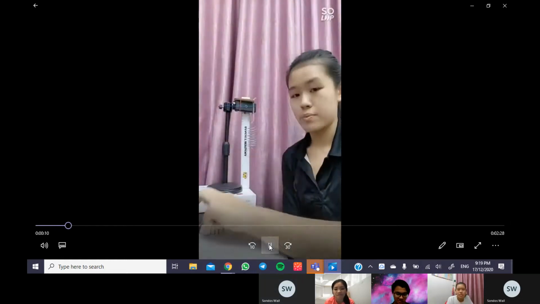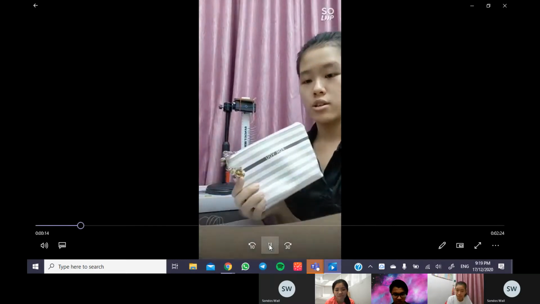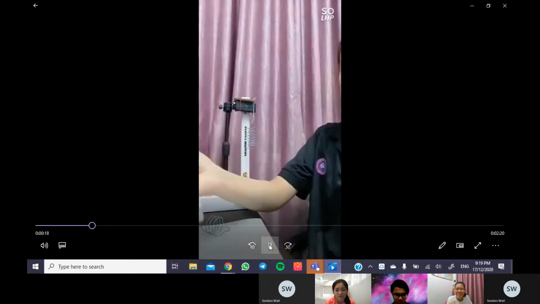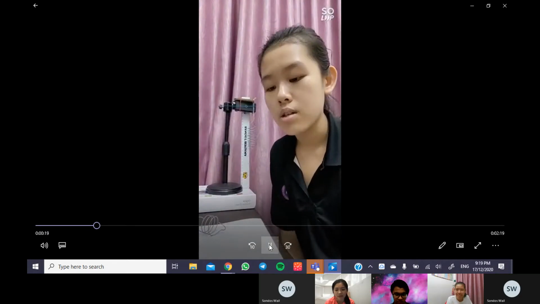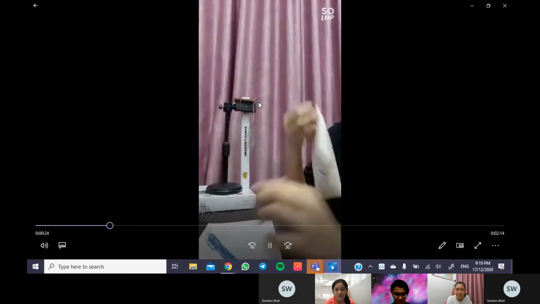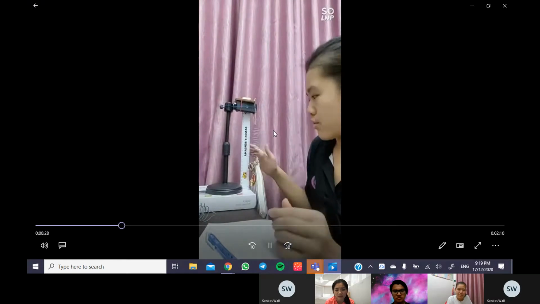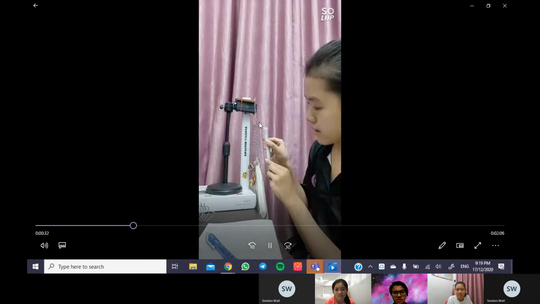No, cannot. Okay. So I curl my spring. I'm going to fix one weight only. I measured with the measuring scale. It's 200 grams. This is the 7 cm spring. Now it extends.